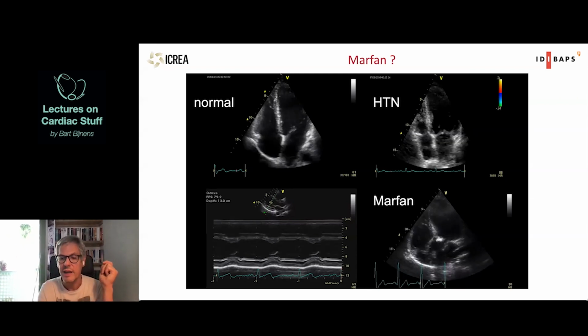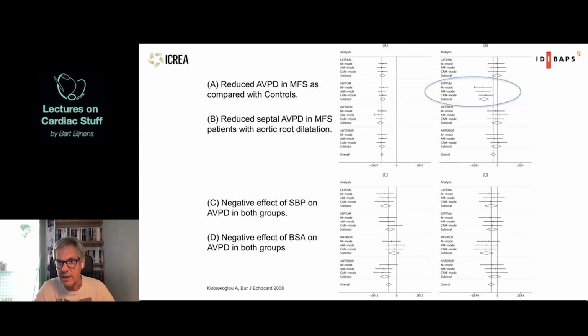And it's by looking at these different things and trying to find out what's going on that you can understand it more. And you see here again the study in Marfan, where you clearly see that the septum, predominantly the base and mid of the septum, is different than all the other segments, while there is not directly a change in pressure, but we know that there's a change in the tissue, or at least in the matrix material.